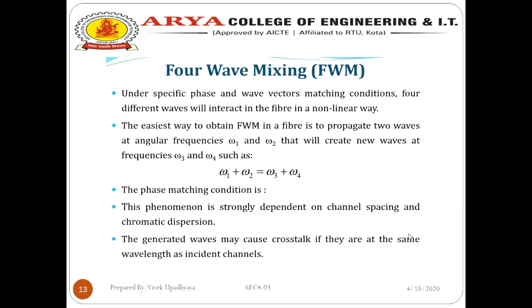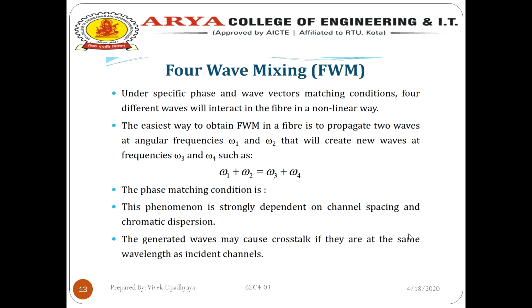Now another explanation about four-wave mixing: under specific phase and wave vector matching conditions, four different waves will interact in the fiber in a nonlinear way. The easiest way to obtain the FWM in the fiber is to propagate two waves at angular frequencies omega 1 and omega 2 that will generate new waves at the frequencies omega 3 and omega 4, such that the addition of omega 1 and omega 2 is equal to omega 3 and omega 4.